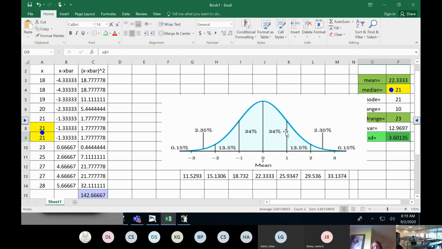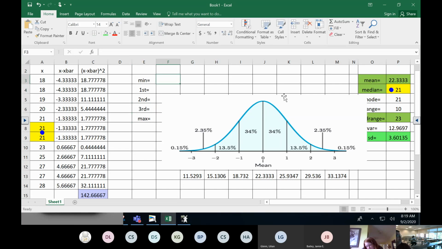Now, I'm going to show you how to find the 5-number summary right quick. I'm going to put it right here. The 5-number summary consists of the mean, first quartile, second quartile, the third quartile, and the max.